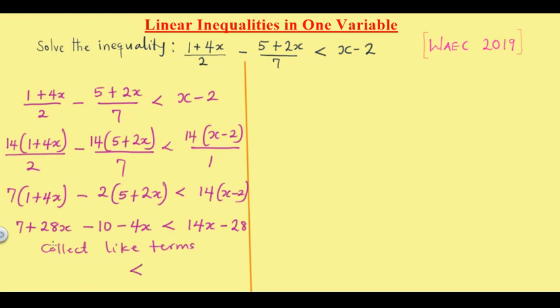The ones involving x, let's move all of them to the left hand side, starting from 28x minus 4x minus 14x. To the right hand side we have negative 28 plus 10 minus 7.